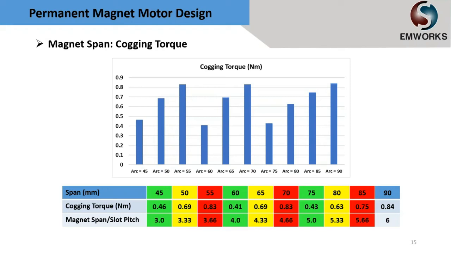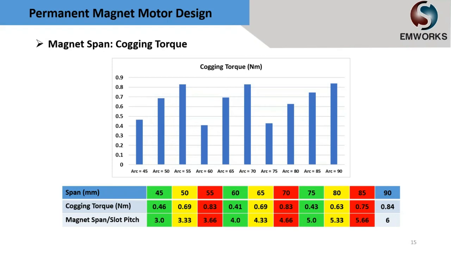If you ignore the magnetic span of 90 degrees, which is equal to the pole pitch, the peak value of cogging torque is repeated every 15 degrees of increase of the magnetic span. If you remember, these 15 degrees of variation is equal to one slot pitch.